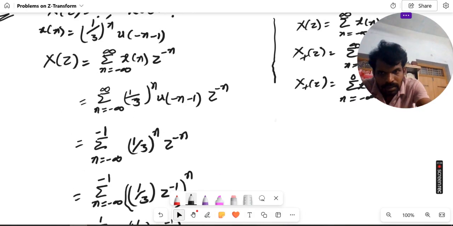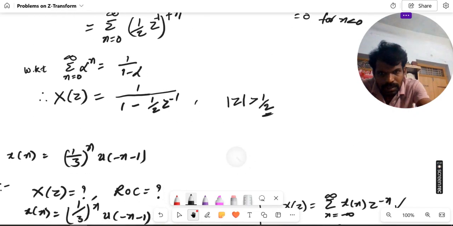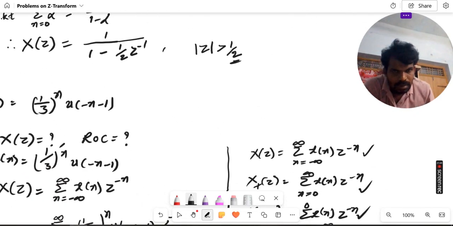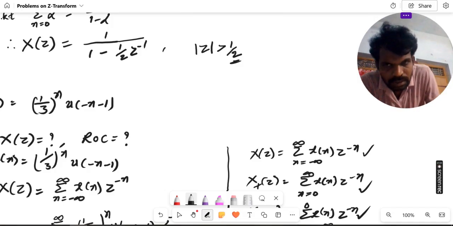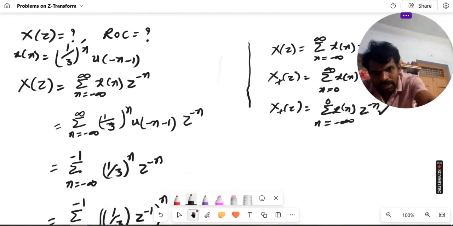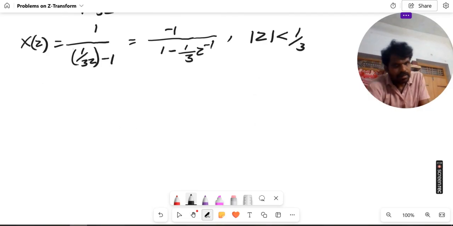In the first bit, mod z value is greater than 1 by 2. It is in the numerator 1 by 1 minus, but here it should be less than 1 by 3.